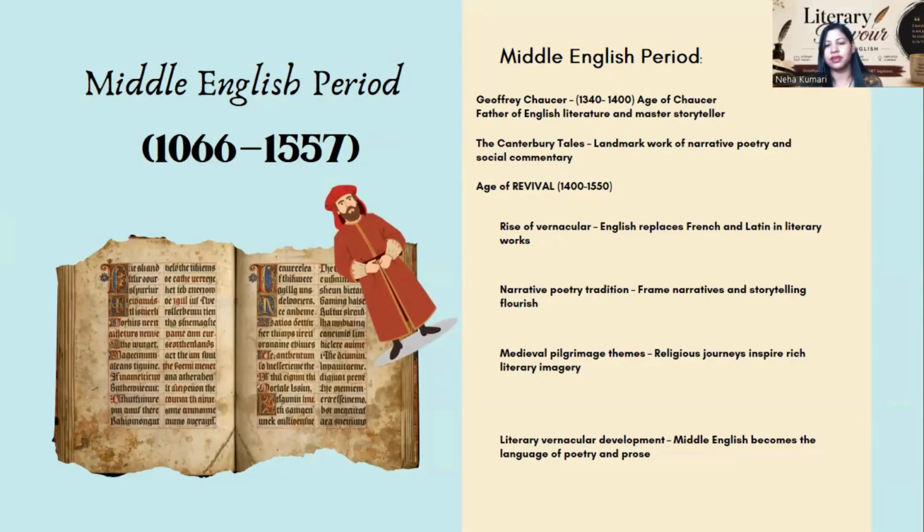The greatest literary figure of this period was definitely Geoffrey Chaucer, whose masterpiece, The Canterbury Tales, provides a vivid picture of medieval English society through a collection of stories narrated by the pilgrims. The Middle English period laid the foundation for the development of modern English literature.